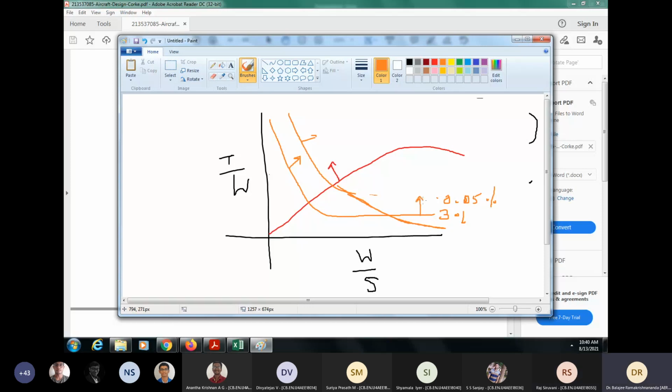Here, the intersection. Then what else do you have? Landing, correct? Landing. Oh, cruise is there. For cruise, did I give the input? Yes. So put it in red color.